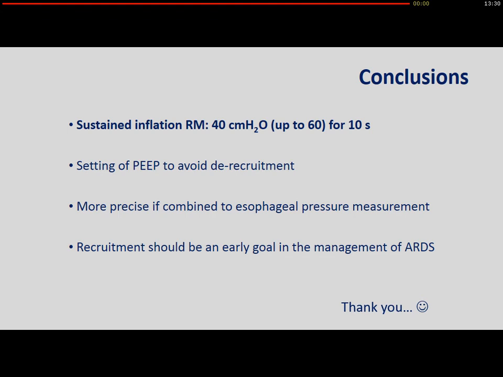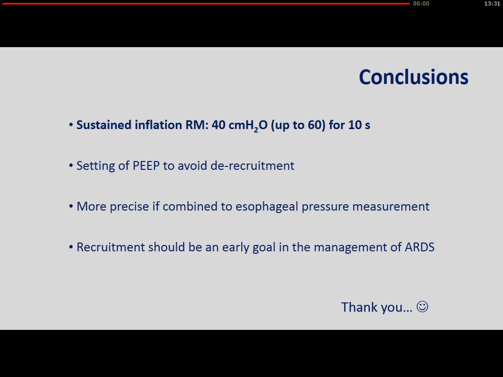Yeah, that's a very important point. We try not to do too many recruitment maneuvers because each time there is overinflation, maybe hemodynamic compromise. So we tell the nurse, after the recruitment and PEEP setting, don't suction the patient except if it's really needed, but don't suction systematically.